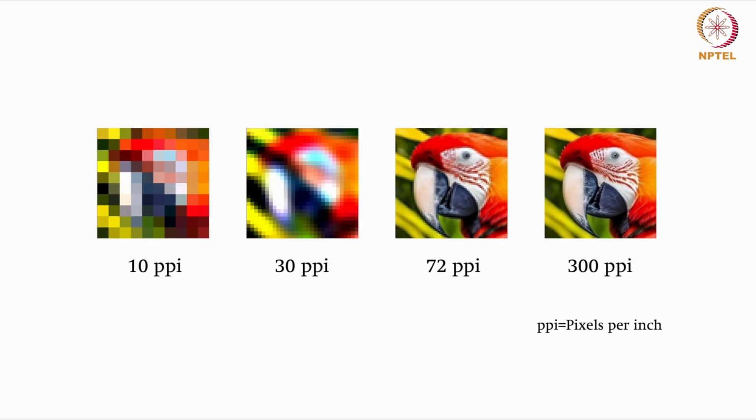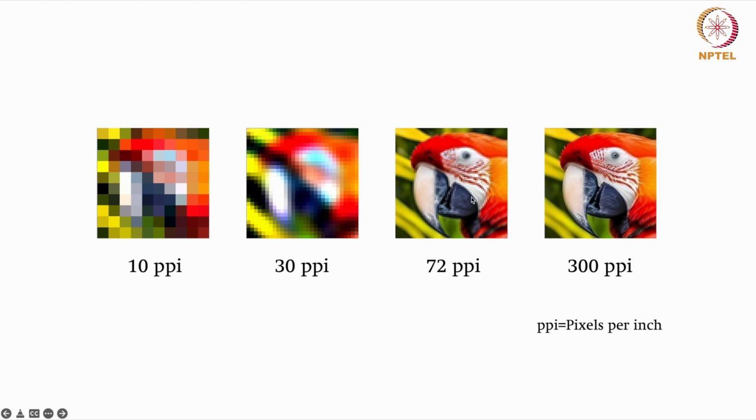As the pixel density of a display is increased, the image can show more detail, which is visible on the screen. If you look at the screen, we have four examples: 10 ppi, 30 ppi, 72 ppi, and 300 pixels per inch. Now, if you look at the 10 pixels per inch, where you have 10 pixels in the vertical and horizontal direction making the whole image, you will find a very pixelated and blurry image.